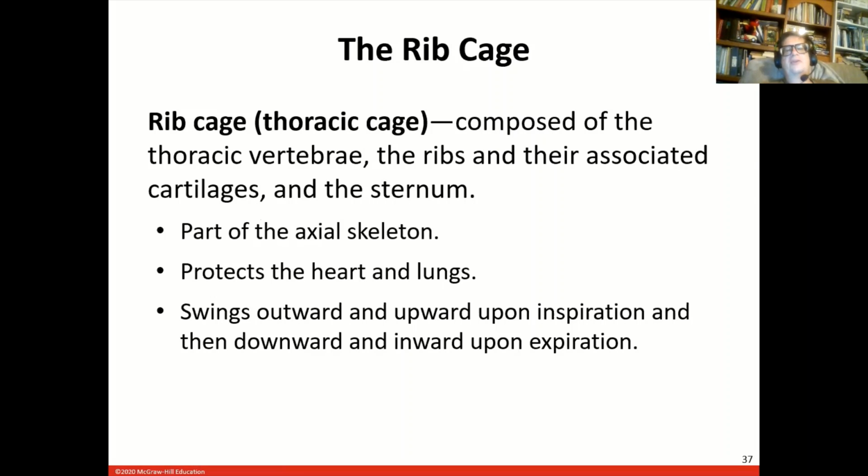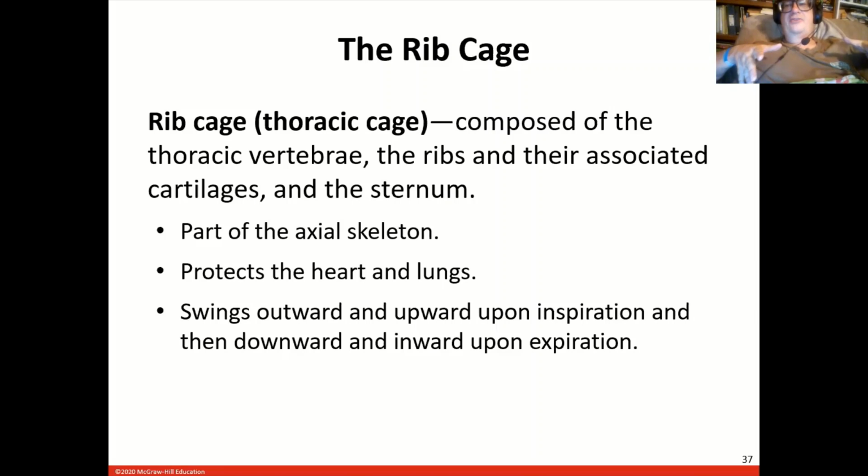It says it swings upward and outward on inspiration. This makes sense if you think about it. If you are having your rib cage come up and out, the out is increasing the volume, which lowers the pressure. And so you increase the volume, lower the pressure, air will rush in.